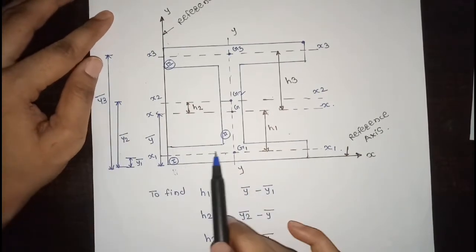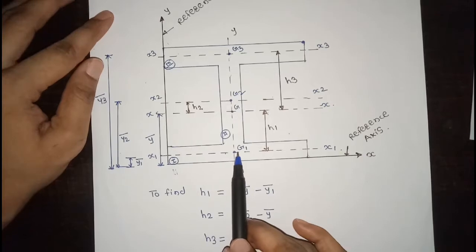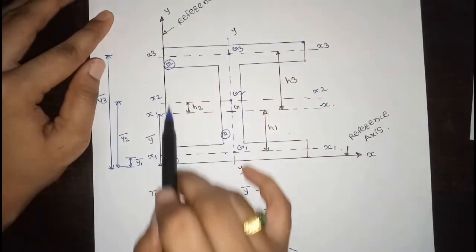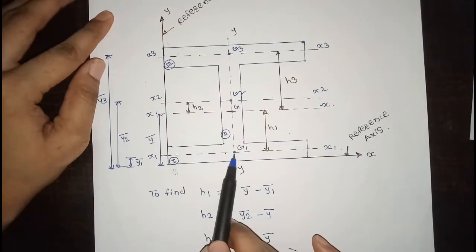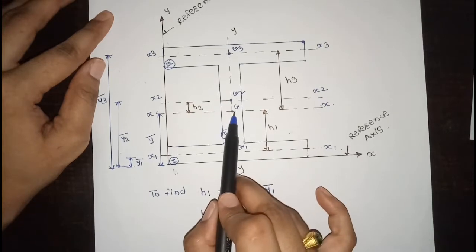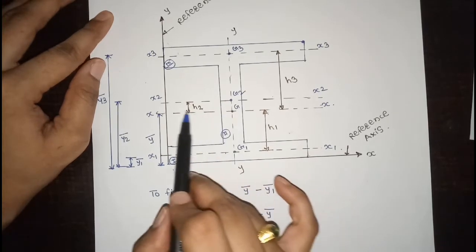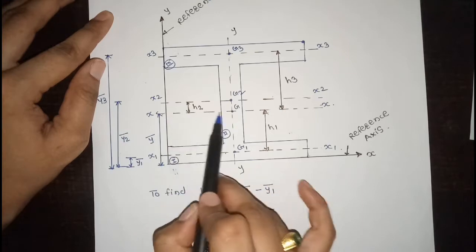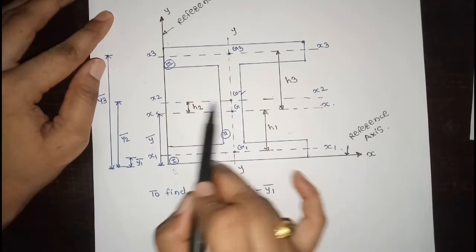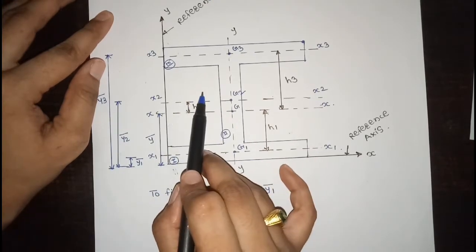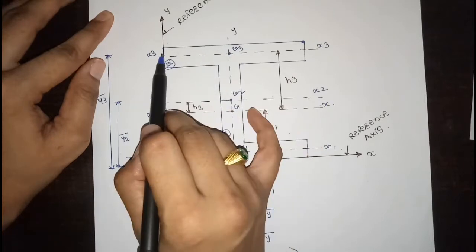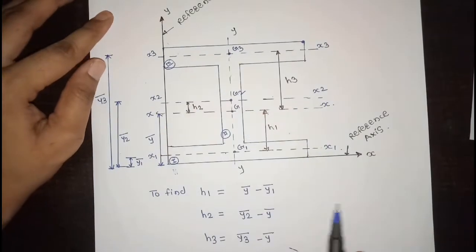And distance between point G1 and the y-axis means x1 bar. G2 to y-axis is x2 bar. G3 to y-axis is x3 bar.